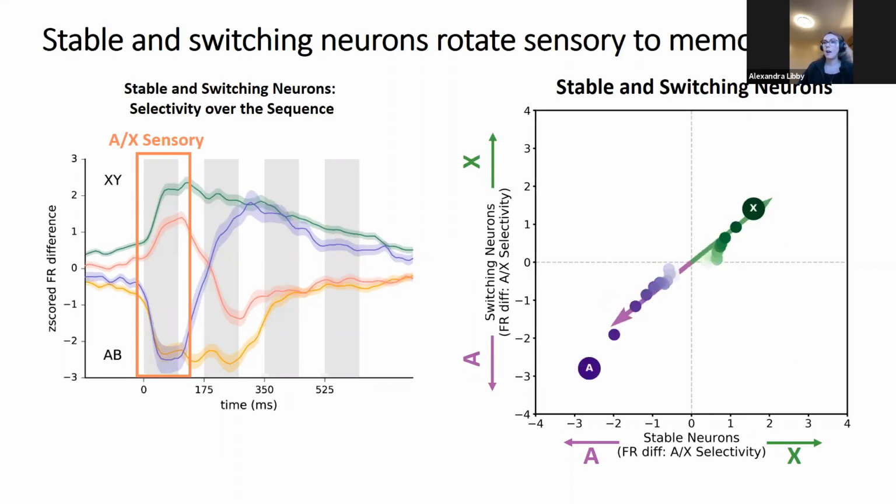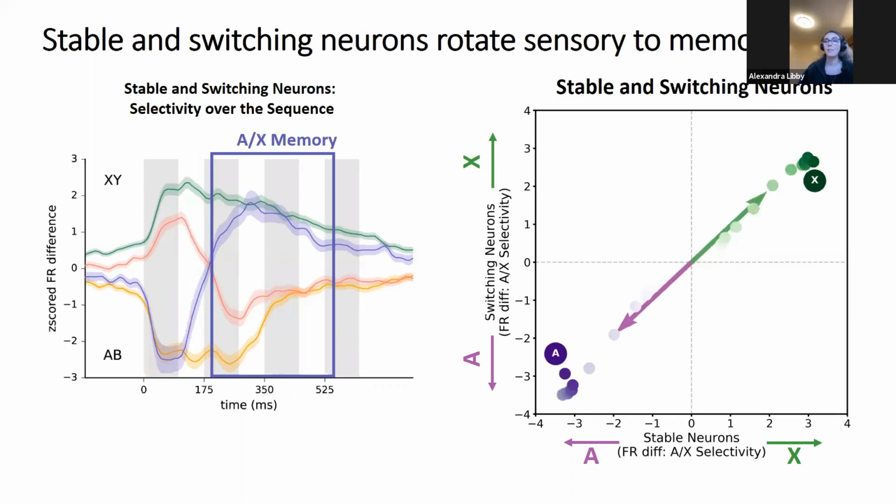And basically, X preferring neurons are shown in green, and A preferring neurons are shown in purple. And when the sound is played, you can see that their selectivity increases over time, and this is what helps build that AX sensory axis, right? This is what allows there to be information to train your classifier.